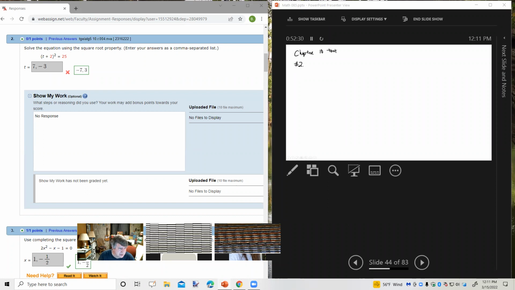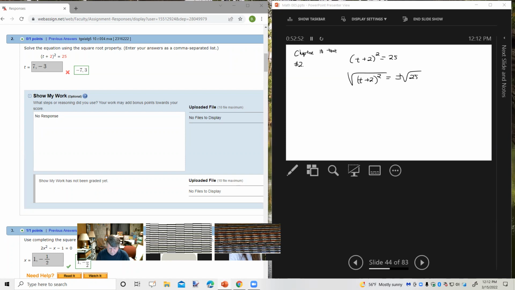Solve the equation using the square root property. It looks like you got your signs backwards. Okay. Yep. T plus 2 squared equals 25. It's already set up perfectly to use the square root property. So the square root of the quantity t plus 2 squared equals plus or minus the square root of 25.